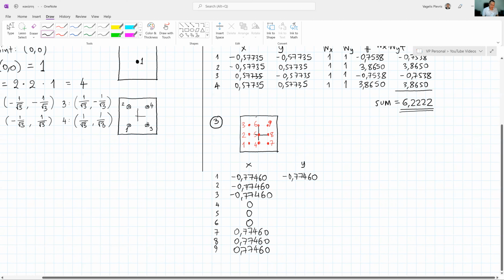And the y, as you see, it is 1, 2, 3 here. So I can say that it is minus and then 0 and then plus.